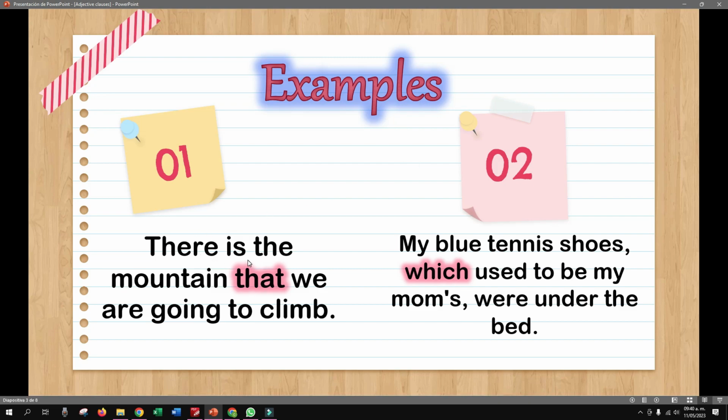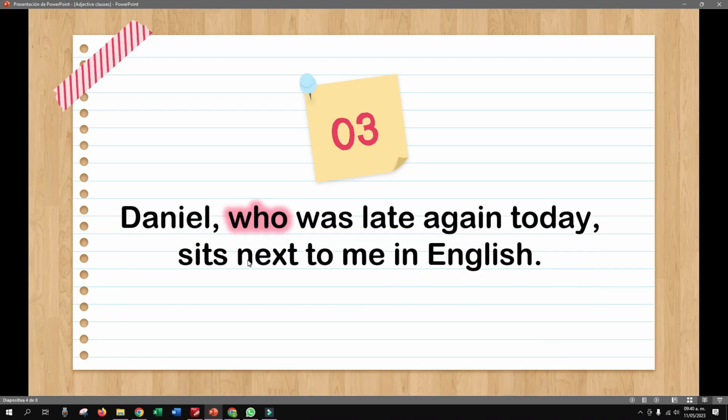Or you can have Daniel, who was late again today, sits next to me in English. So there you have that clause between commas, because you are adding extra information about who? Daniel. You can say Daniel sits next to me in English, and that is an affirmative sentence in simple present, a common one.